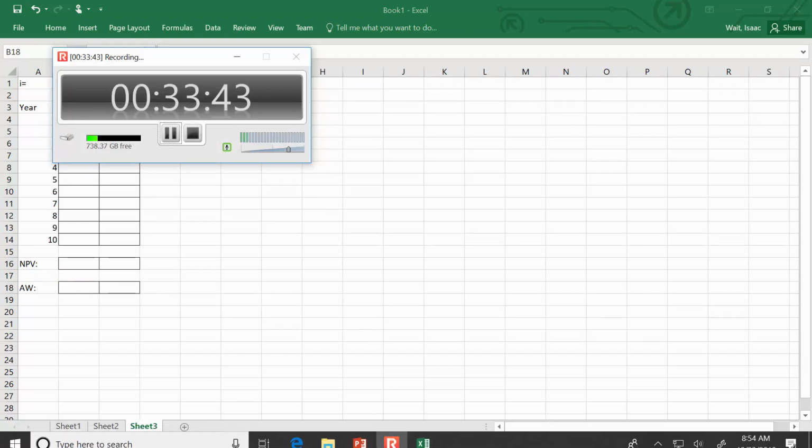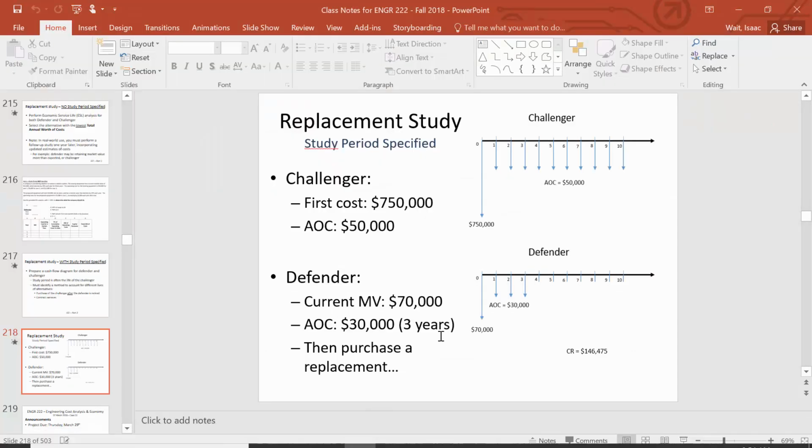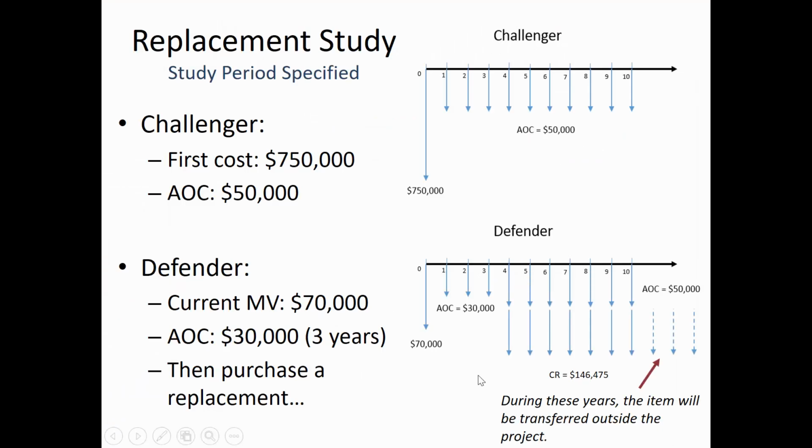Here in this one, you already know the operating costs, you already know the capital recovery costs. So what we can do is take everything to the present and then find the annual worth.